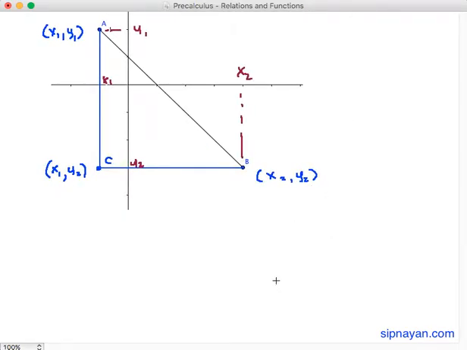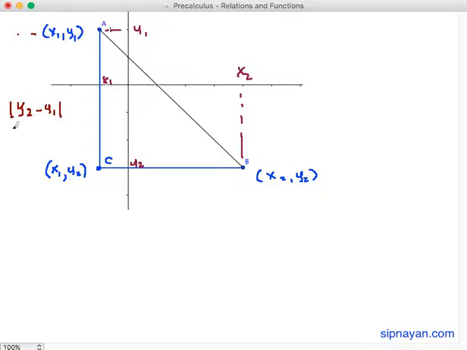Now, how do we get AC, the distance between A and C? We said from the previous video that we just subtract the y coordinates. The y coordinates are y sub 1 and y sub 2, right? So we can subtract y sub 2 minus y sub 1 and get the absolute value, since we want to find distance.